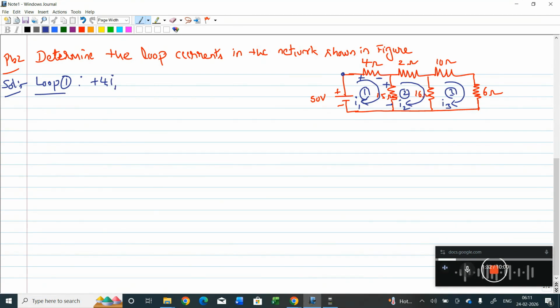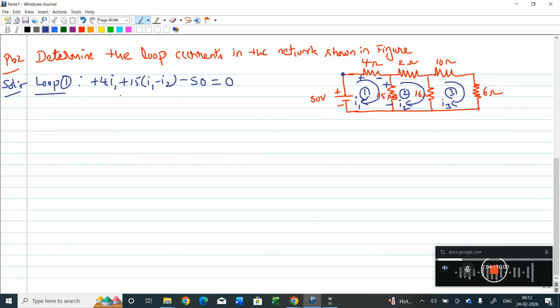So 4 I1. Next, 15 ohms is common to loop 1 and loop 2. So the currents I1 and I2 both flow through 15 ohms, but we are taking I1 as the reference as we are writing the equation for loop 1. So the current through 15 ohms will be I1 minus I2, and at this voltage source we are facing the minus terminal at the start, so it is minus 50 equal to 0.